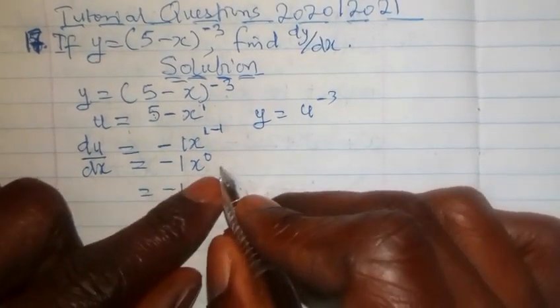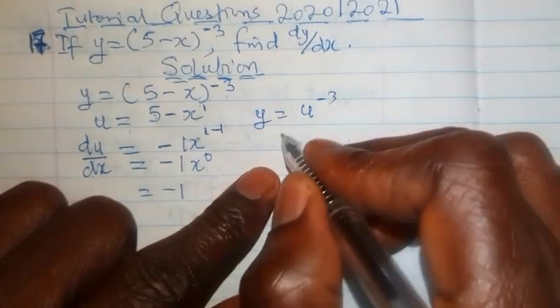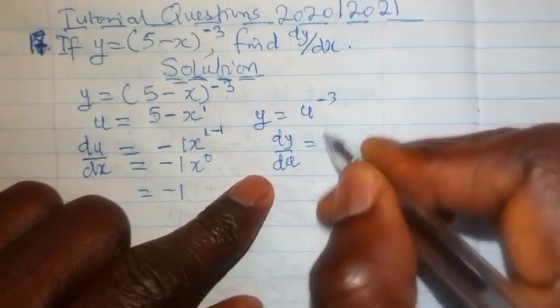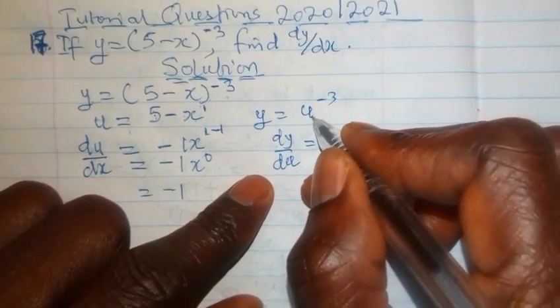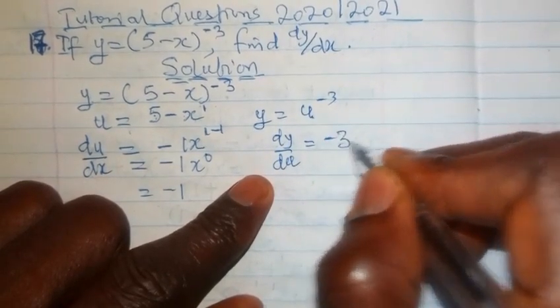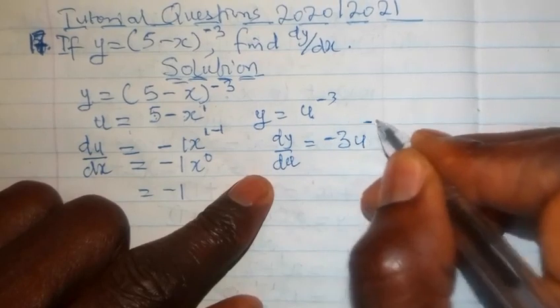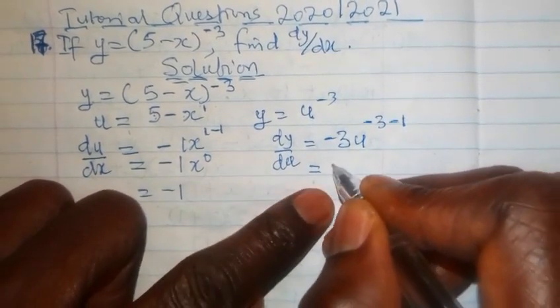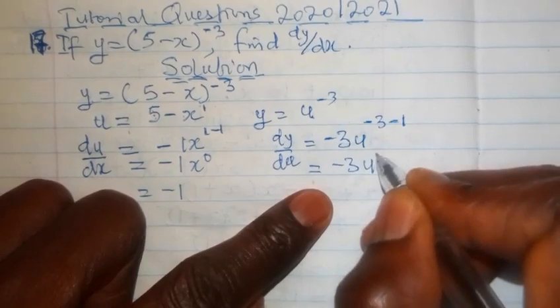Don't forget, x power 0 is 1. Then to this side, we have dy/du to become power times base, which is minus 3 times u, then power, which is minus 3 minus 1. And this will give us minus 3u power minus 4.